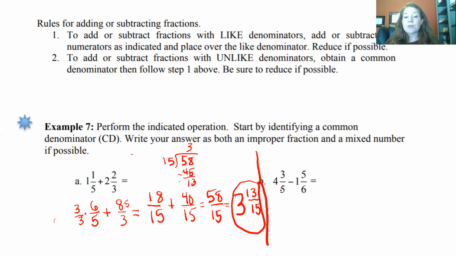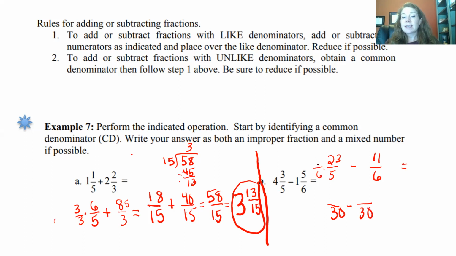So we're going to multiply 4 times 5. 4 times 5 is 20, plus 3 is 23. So 23 fifths minus 6 times 1 is 6, 6 plus 5 is 11, 11 sixths. And now we want to know what our least common multiple is, and it's 30. So 5 times 6 is 30.